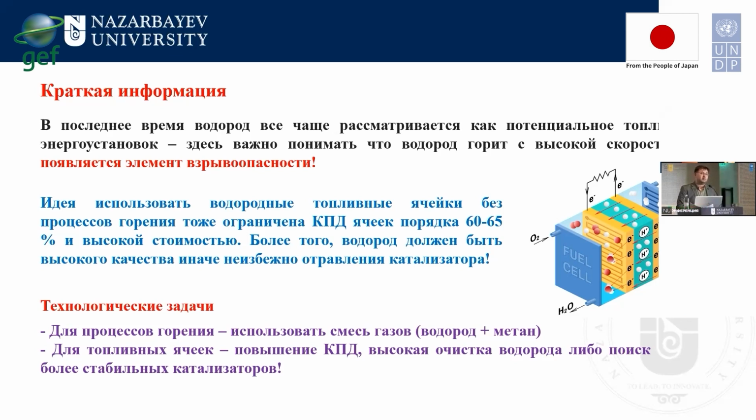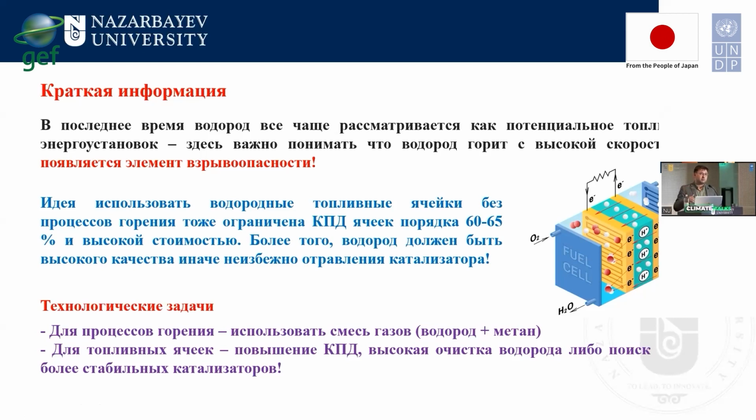There is a process where you get a hydride of the metal, and this is very bad for the metal. What can we do in order to use hydrogen in commercial means? We need to solve several technological tasks.